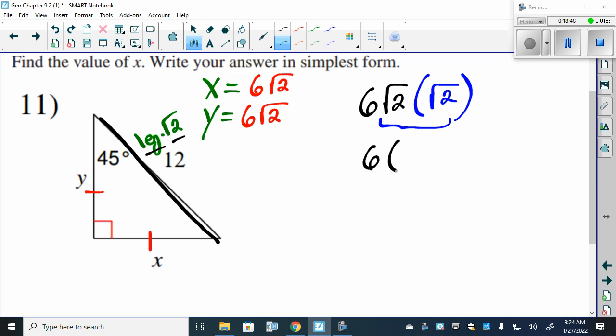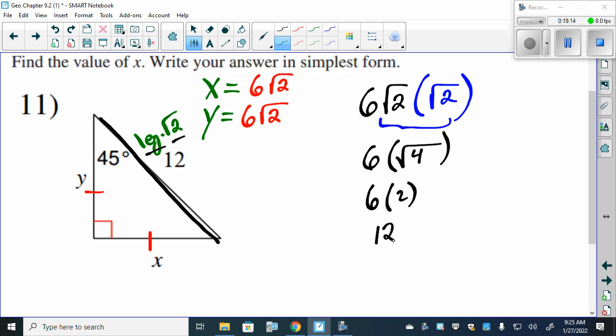Well, just the square root of 2 times square root of 2 would be square root of 4. Well, hopefully y'all know what the square root of 4 is. 2. Because 2 times 2 would give us 4, so the square root of 4 is 2. 6 times 2 is 12.